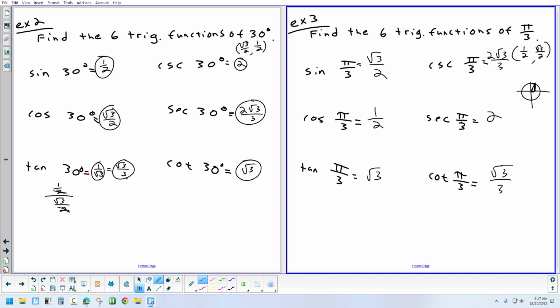What do you notice if you compare all the answers that we got here to the answers we got on example 2? Yep, they're the inverse of each other. What do you mean? Well, actually, no, it just applies to tan.